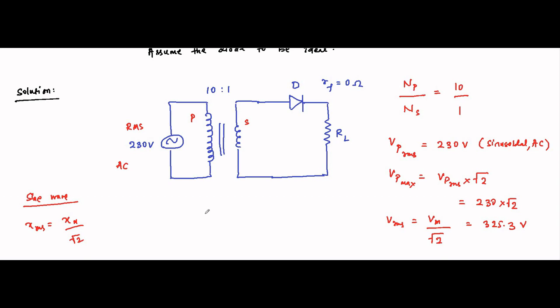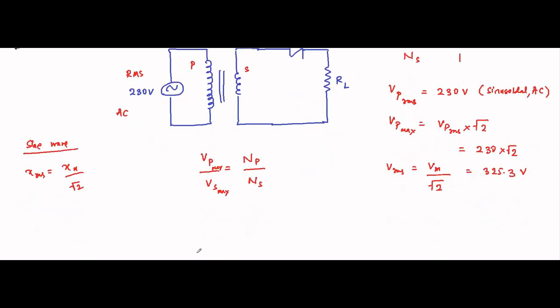Now the relationship between voltage and turns ratio is given as Vp by Vs is equal to Np by Ns. Here the subscripts P and S stand for primary and secondary windings. The voltage across the primary winding divided by the voltage across the secondary winding is equal to the number of turns of primary winding divided by the number of turns of secondary winding. Same can be done for Vp max by Vs max. We are interested in finding Vs max.